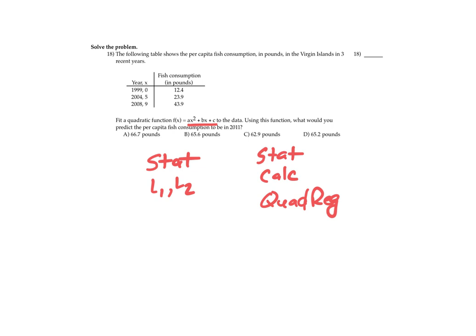You're going to come up with the equation first, and then 2011 is when I want to figure out how many pounds it's going to be. 2011 would be 3 years past 2008, so I'm going to put 12 into this equation and figure out how many pounds it would be. But you can do all of that in the calculator.